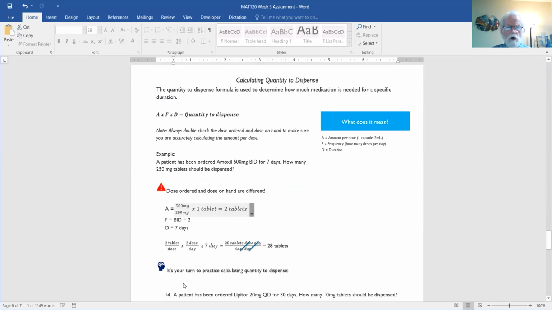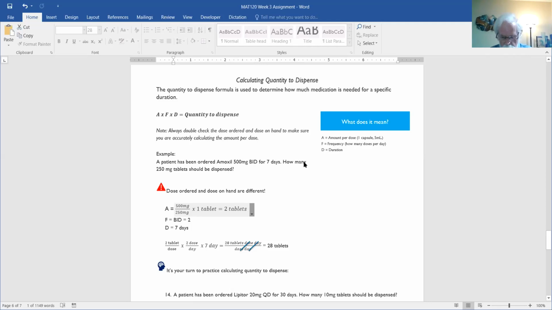Quantity to dispense goes the other way. A lot of prescriptions are written in terms of an amount of drug, a frequency, a route of administration, and a duration. So the prescription components are name of the drug, amount per dose, route of administration, frequency of dosing, and duration of the prescription.